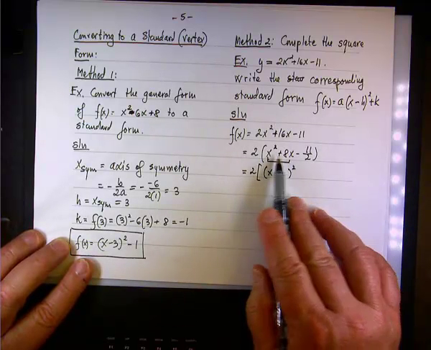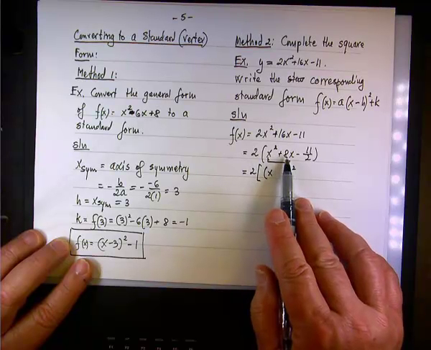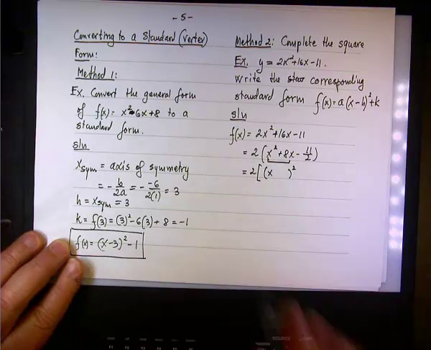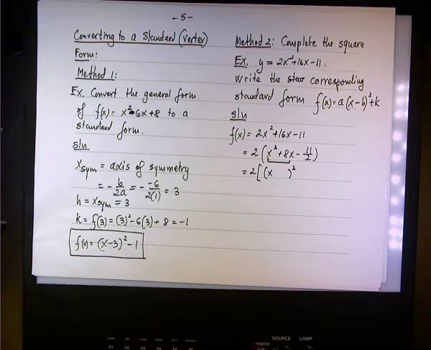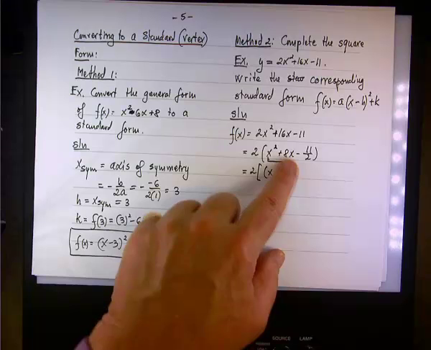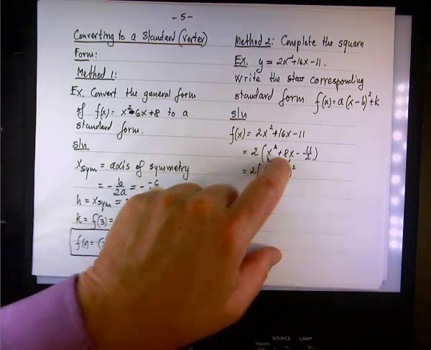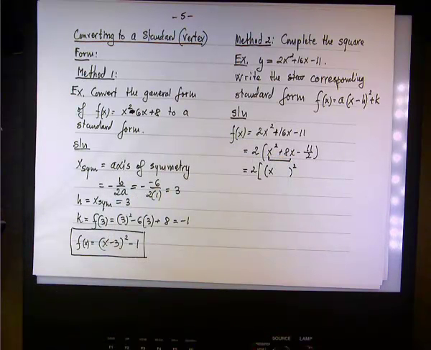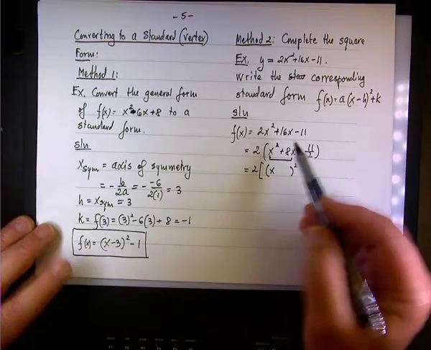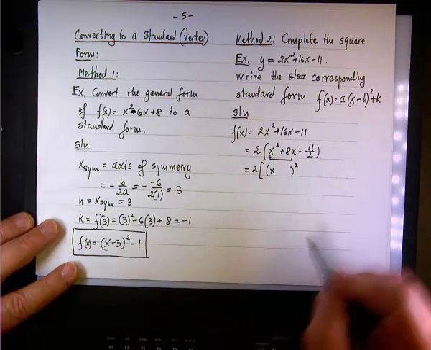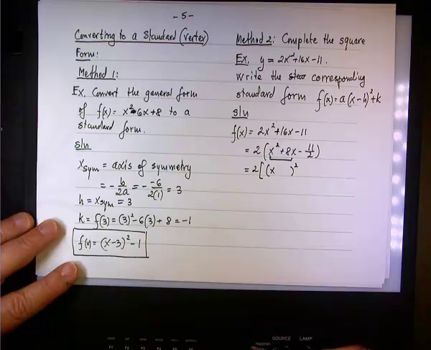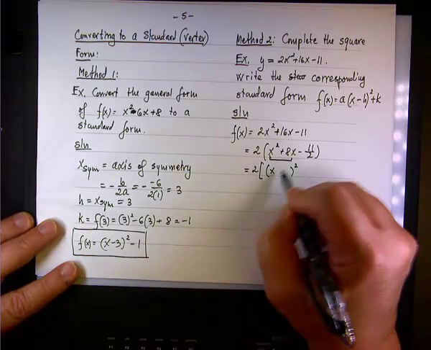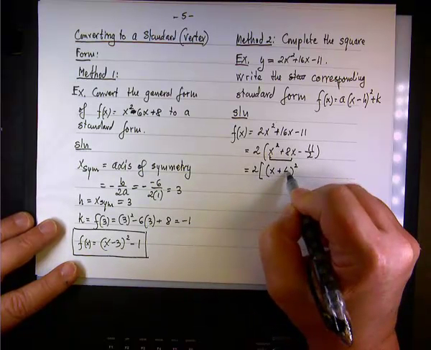And if you think about it, 8x is 2 times 4x. Remember, when you have a plus b squared, it's a squared plus 2ab plus b squared. So the term that multiplies x is 2b, 2 times b. Half of it will be b. Half of 8 is 4. So we have x plus 4.